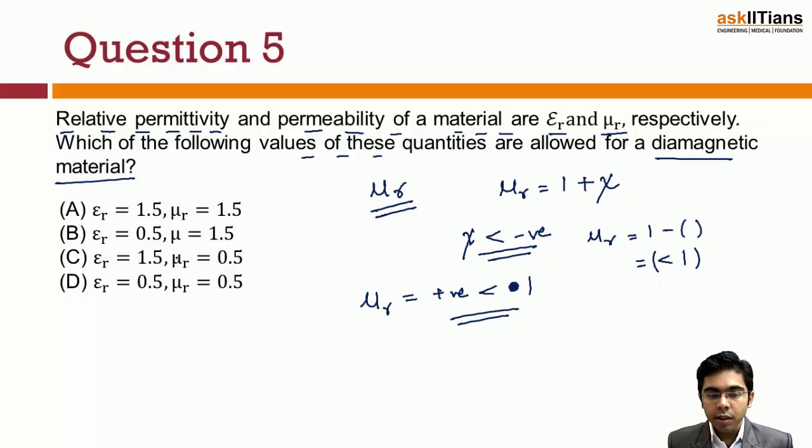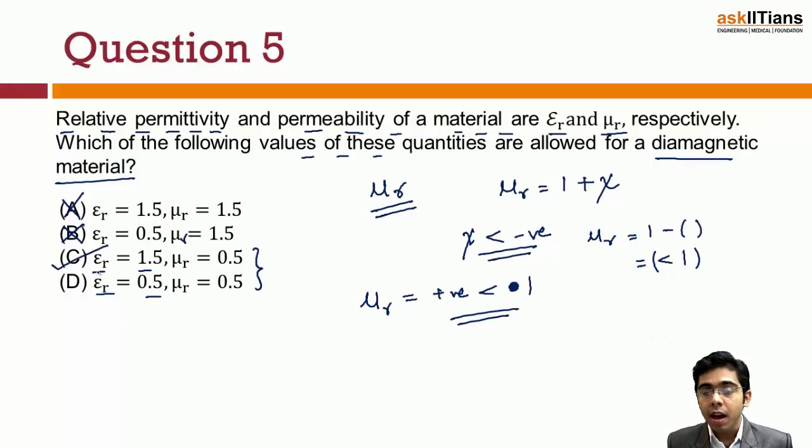According to this, the answer should be from C and D, therefore we can neglect options A and B. According to this, epsilon r is equal to 1.5 and epsilon r is equal to 0.5. Option C should be correct.